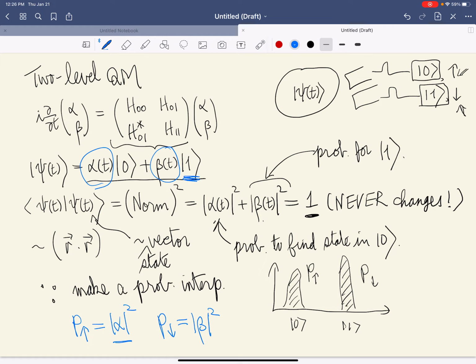Okay, so what I cannot emphasize enough to you is the fact that this sort of interpretation is not contained at all within the formulation of the Schrödinger equation itself.